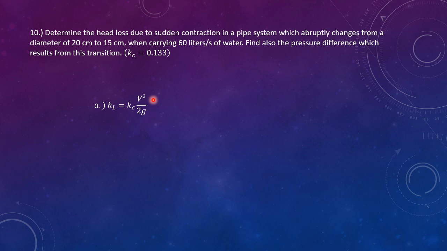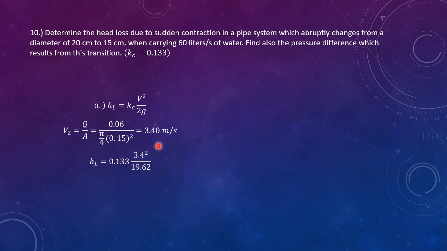In this problem, let's call that V2, which is equal to Q over A. The discharge is equal to 0.06 cubic meter per second. The area of the smaller pipe is pi fourths D squared, wherein the diameter is equal to 0.15 meter. Solving for V2, that is equal to 3.40 meters per second.